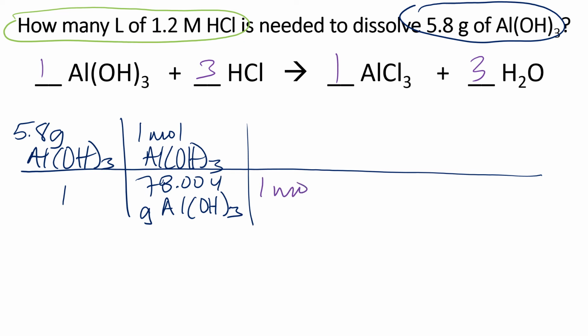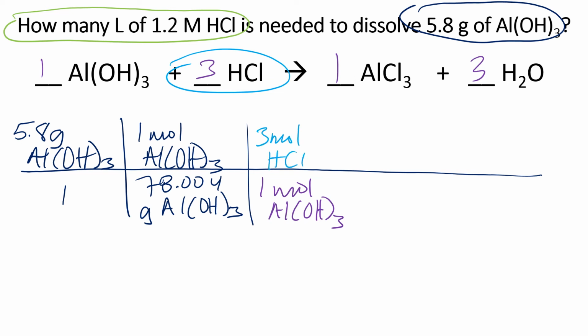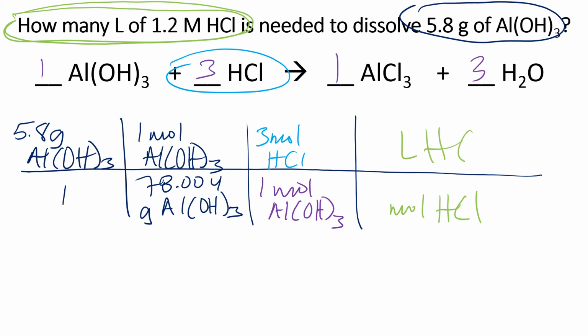So 1 mole Al(OH)3, and on top it's going to be, let's do a different color for that, 3 moles HCl. Okay, so now I want to get to liters. So if you notice, I have that grouped together. I circled this in green right here, so those are stuck together. So I have 3 moles of HCl, so that means I got to put moles of HCl on the bottom. The only thing left is going to be liters because of molarity. So I have 1.2 capital M, so I'll put 1.2 next to the moles here on the bottom.